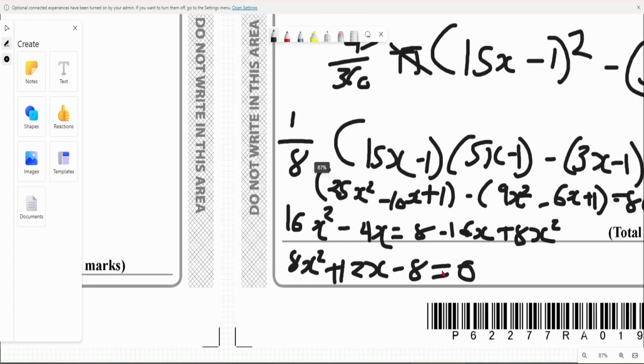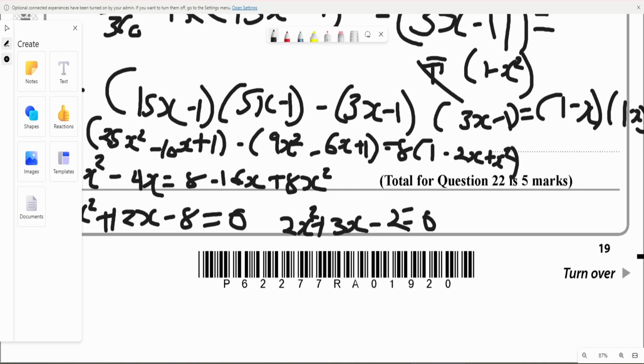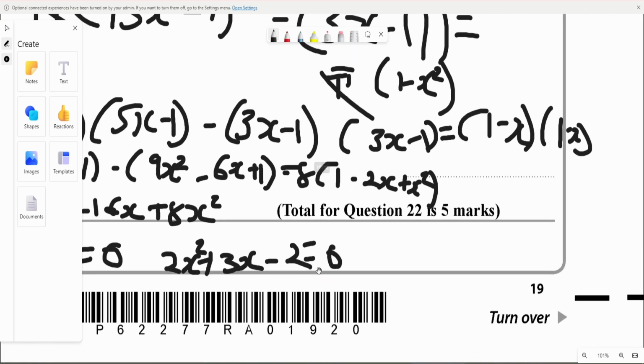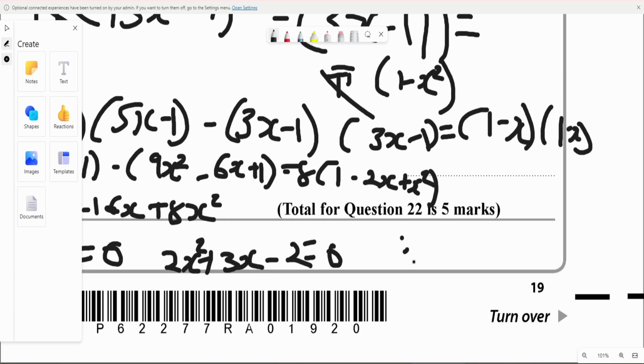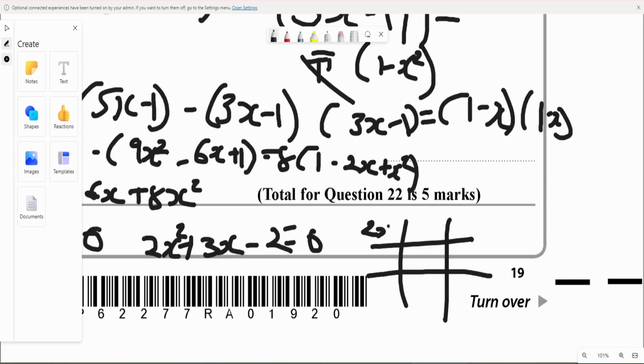Now we can simplify this further to make the equation easier. We can go 2x squared plus 3x minus 2 equals 0. All I did there was divide by 4. I like to use a very simple trick to solve these quickly. I just make a grid. I have 2x squared here, then x and 2x here.